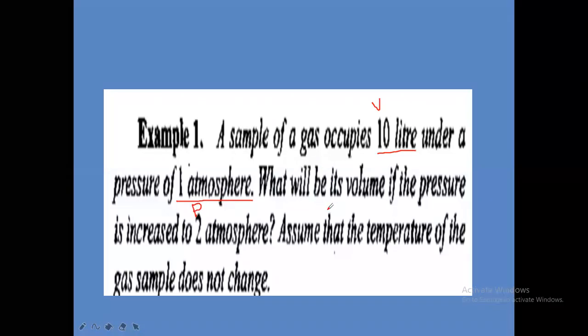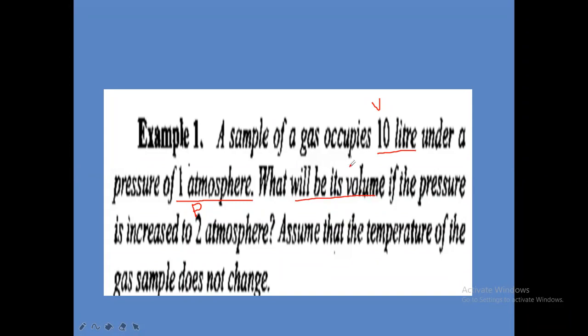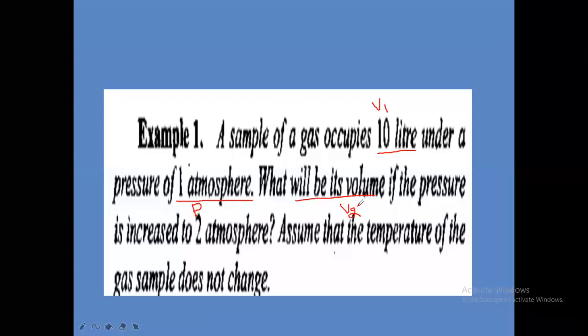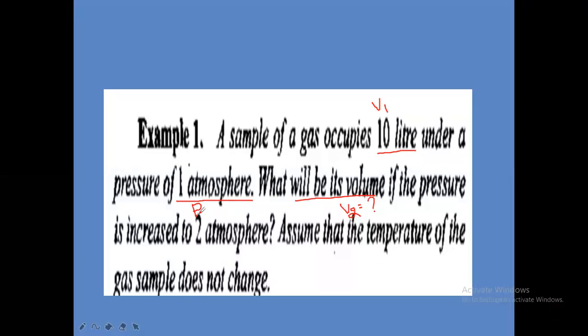What will be its volume? Here the volume asked is the final volume. The initial volume V1 is given as 10 liters, and V2, the volume of the gas, is to be calculated. P1 is given as 1 atm pressure.